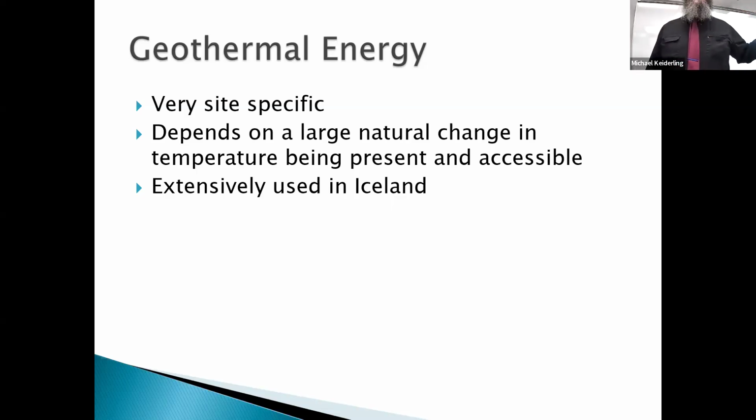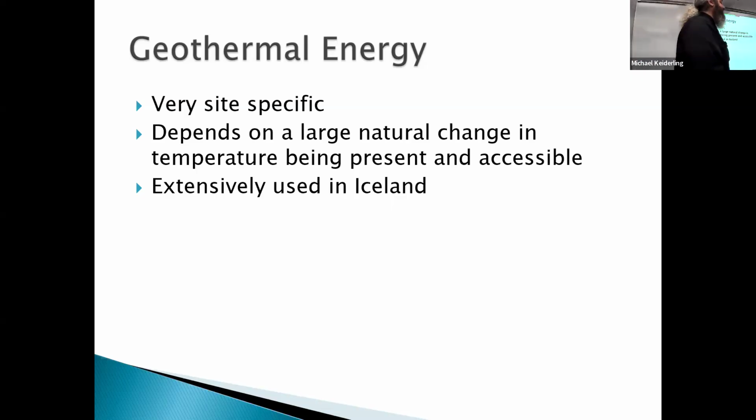You're sitting on a magma bubble, basically. But in other places, there might be, but there might not be. Finding out is really expensive. In general, if you could dig deep enough, cheap enough, it would be viable most places. But drilling is expensive and it's hard to get deep efficiently.